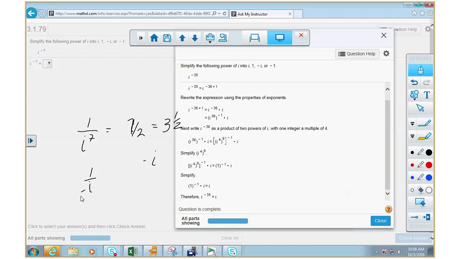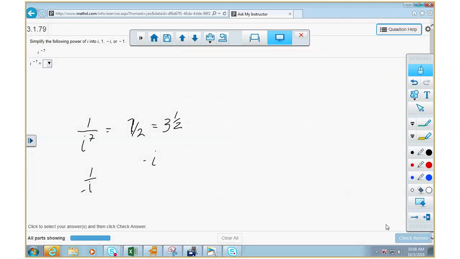Just take the opposite of negative i, but I don't know if that'll happen all the time. Let me do this. 35, -35. Let me try this. This is how I came up with the first rule that I came up with. i to the -7 ... to the -8 times i to the first.